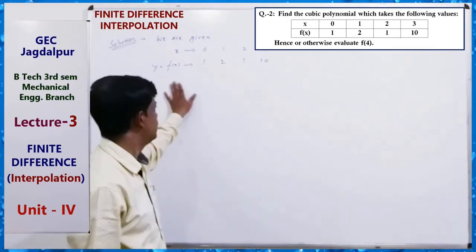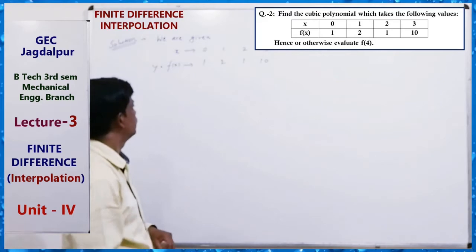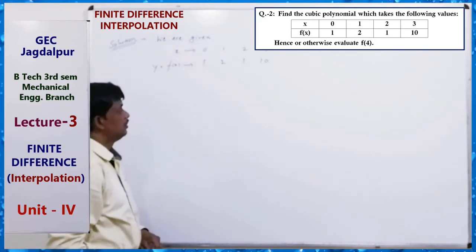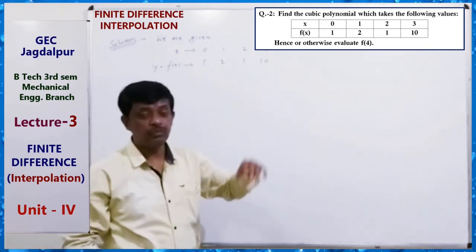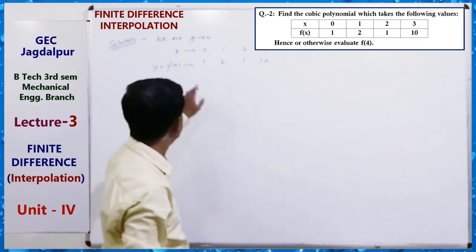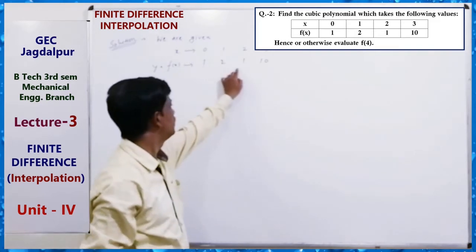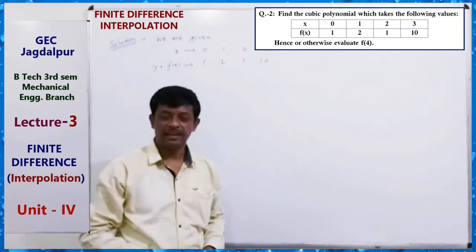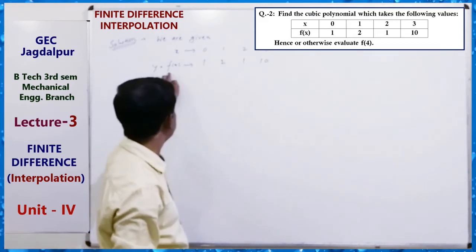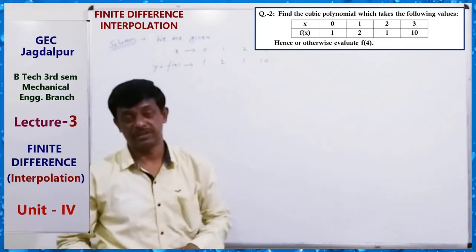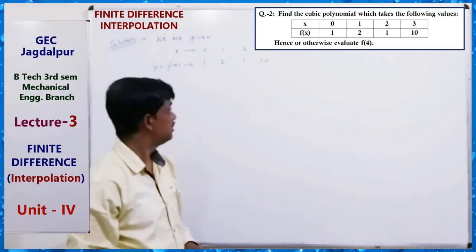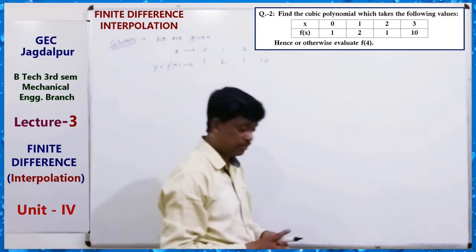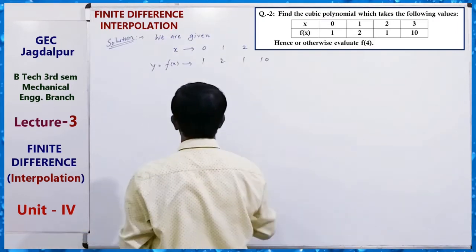Okay. So here just we have to find cubic polynomial. Here we see that values of y are given, 4 values are given. So we can approximate this function as a third degree polynomial. For that, we have to use difference table. So make difference table first. Okay.